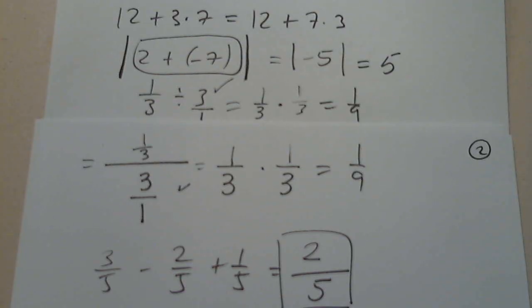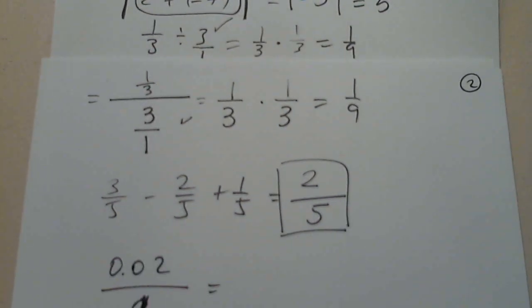Here's the next question. Represent 0.02 as a simplified fraction. Okay? So how would you represent 0.02? Actually, this is over 1, but how would you present it as a simplified fraction?